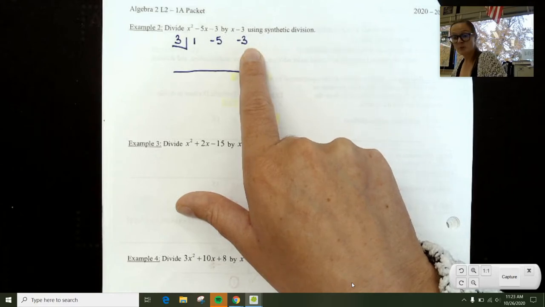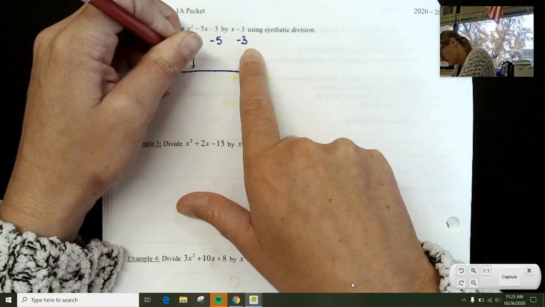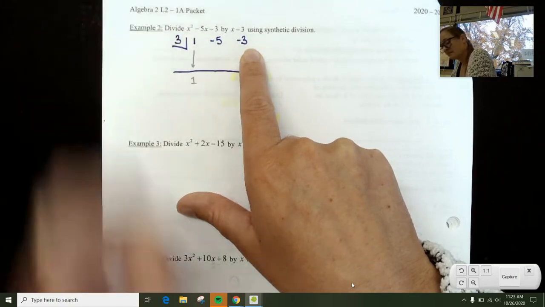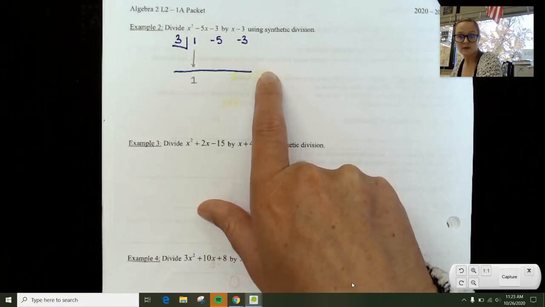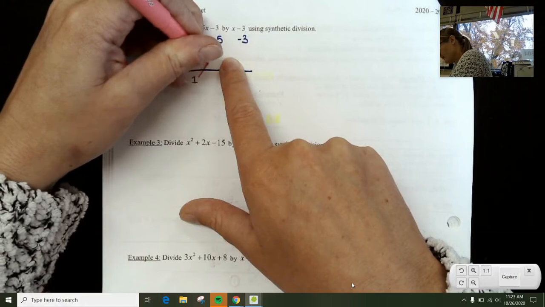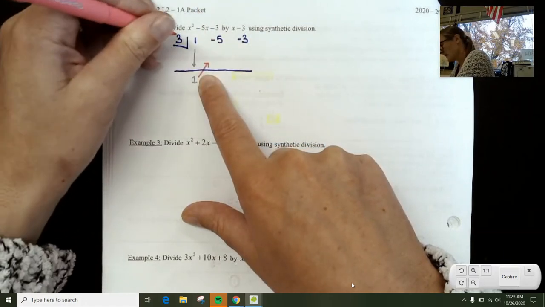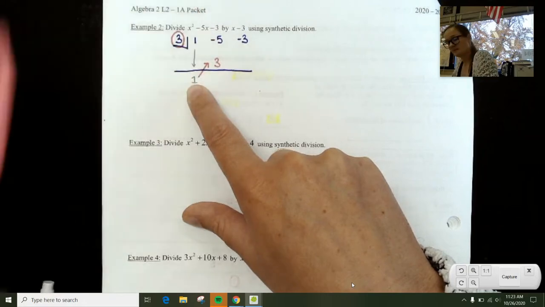So the first move is I bring down the 1. Now I kind of zigzag across this line to get to the finish line. So to go across this way, I multiply by the 3. So 1 times 3 is 3.